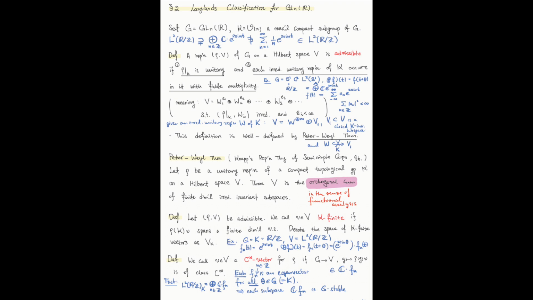What are examples of K-finite vectors, in which case these are G-finite vectors? Which functions have the property that when you let the group act on them, you stay within a finite dimensional vector space?